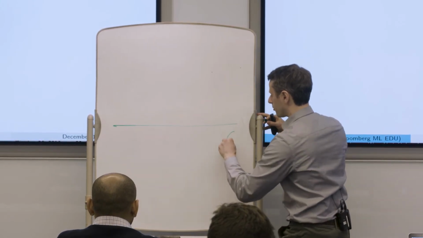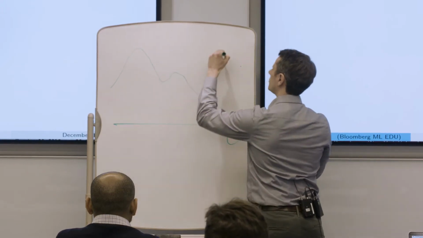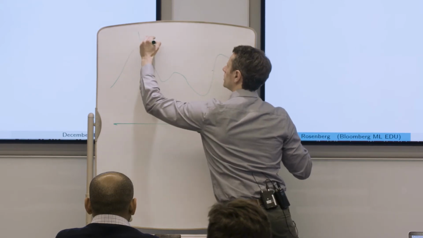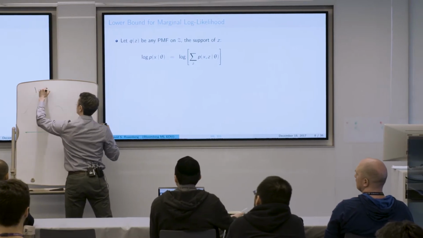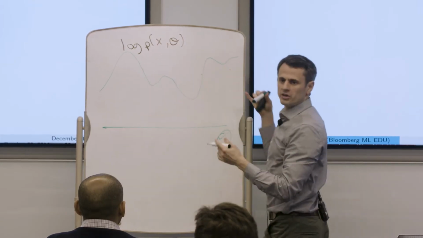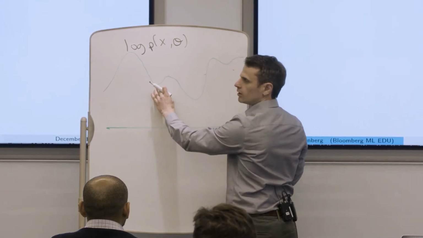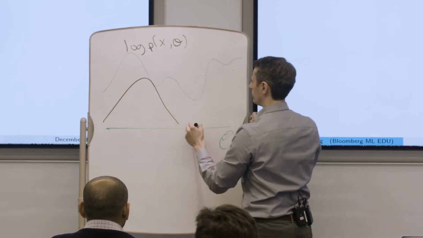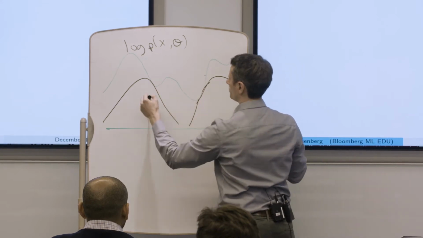Suppose this is a parameter space theta. And what I'm drawing here is the log marginal likelihood, which is what we're trying to maximize. We don't know how to do it directly, and we're going to find a lot of lower bounds to this thing. So we're going to find a function like this. We're going to find a function like this.